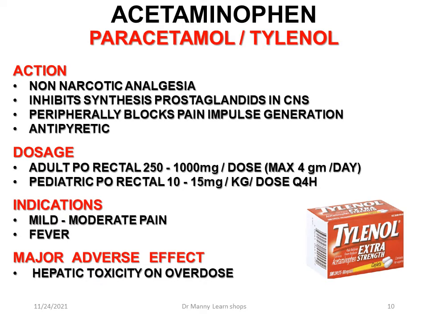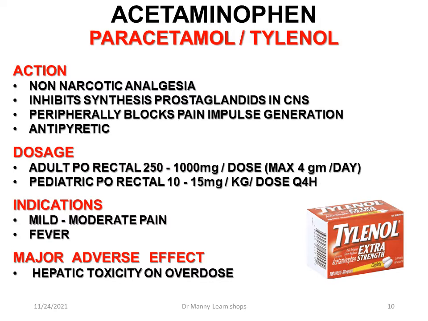Acetaminophen essentially is paracetamol. It's a non-narcotic analgesia, and it inhibits synthesis of prostaglandins in the central nervous system. Peripherally, it blocks pain impulses that are generated, and it has an additional antipyretic effect, which really isn't known theoretically as to why and where.